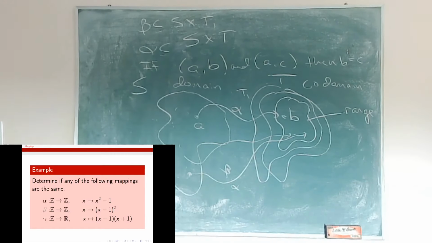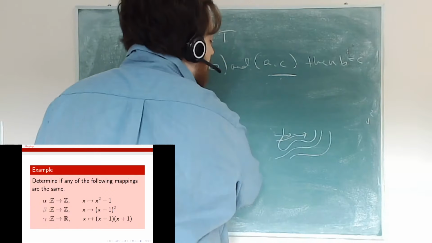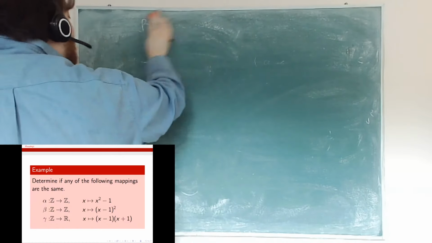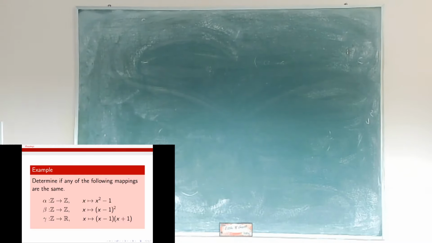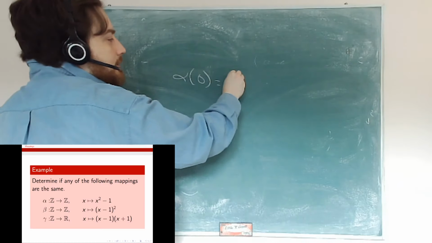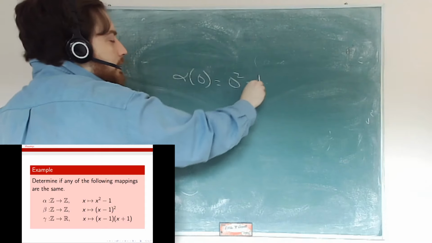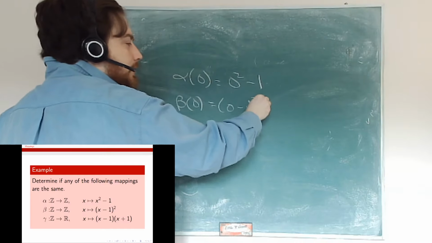So if we look at alpha and beta, the first thing I should check is, is the domain of alpha equal to the domain of beta? In this case, the domains are both the set of integers, so those are the same. But the next thing I want to do is find something like alpha of 0 is 0 squared minus 1, whereas beta of 0 is (0 minus 1) squared.